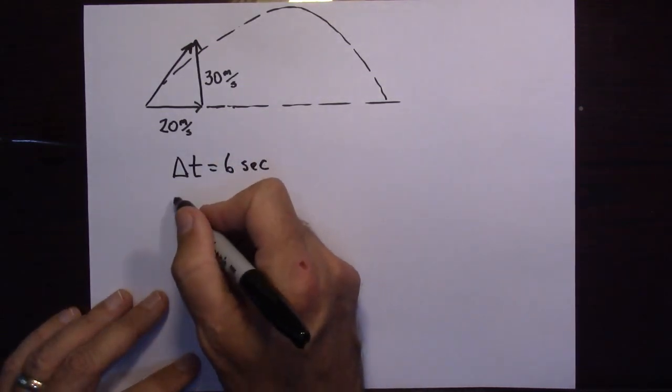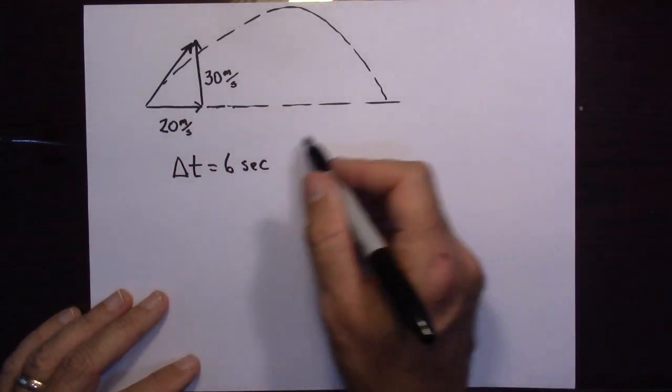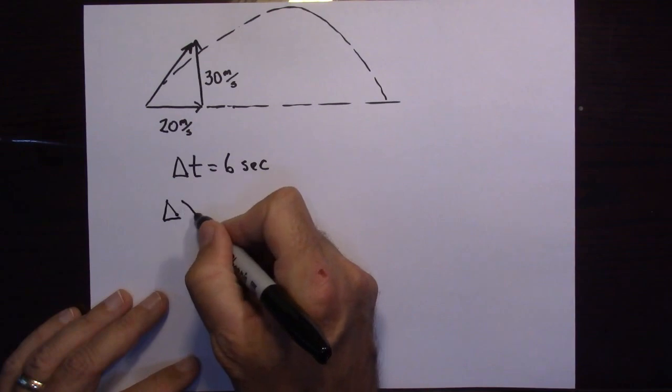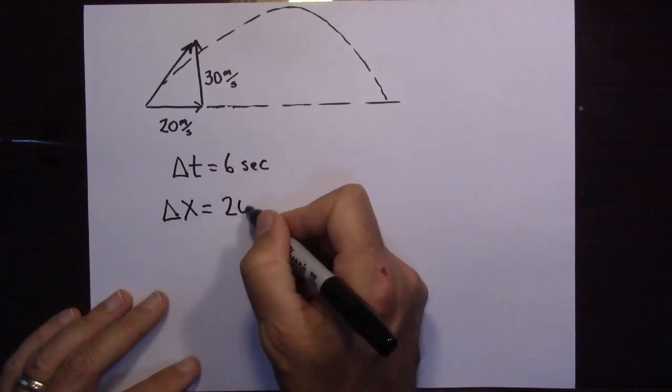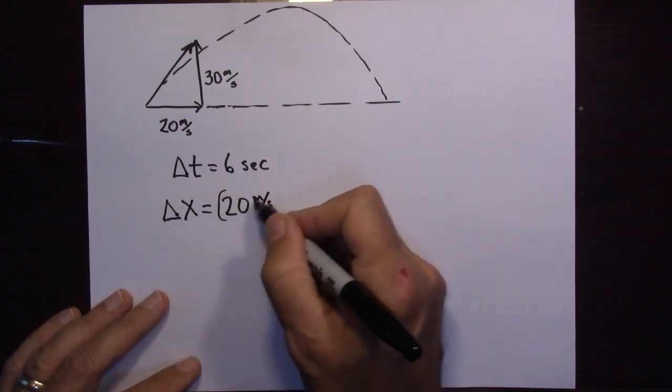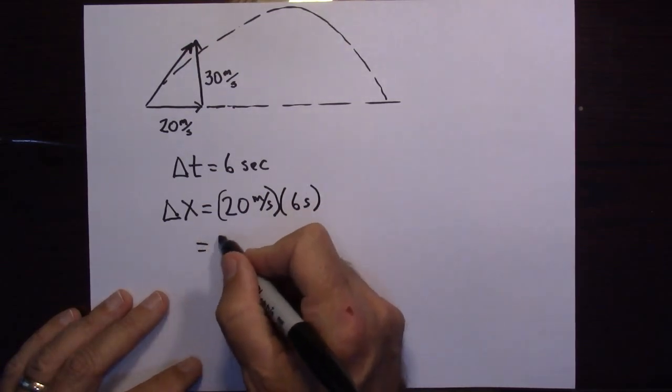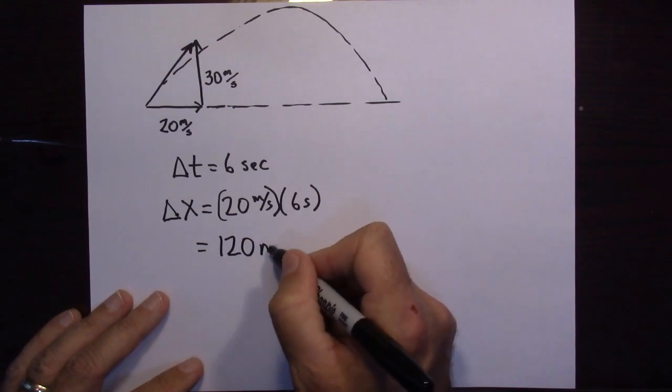And it's going 20 meters per second the whole time. So delta x is going to be the average velocity, 20 meters per second, times the time, 6 seconds. So it's going to go 120 meters downrange.